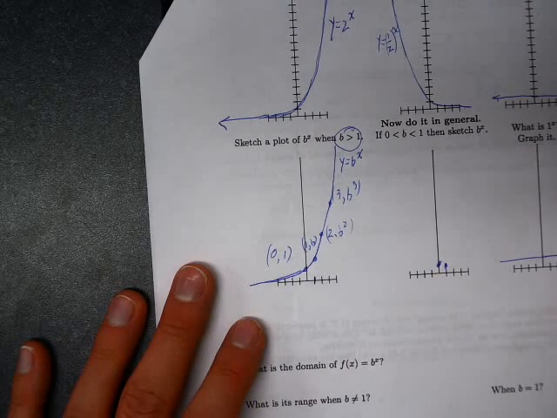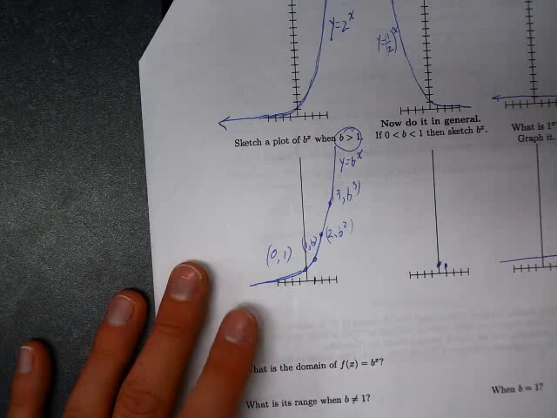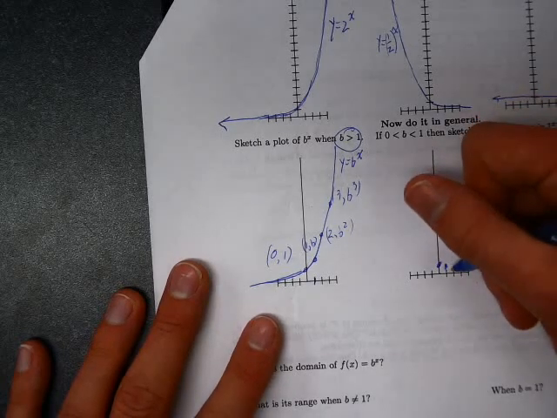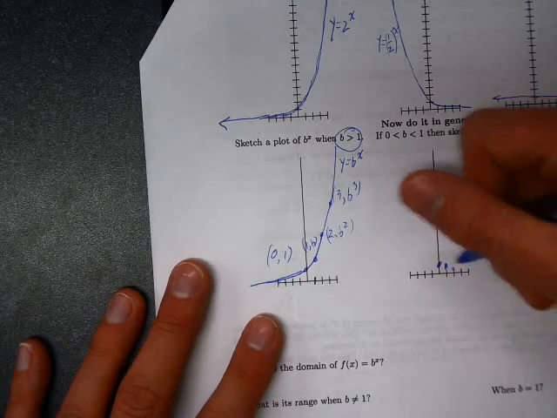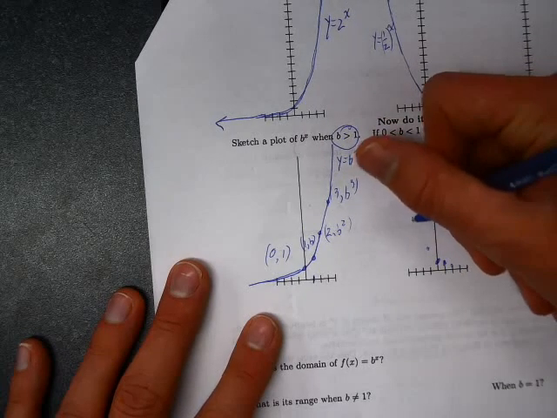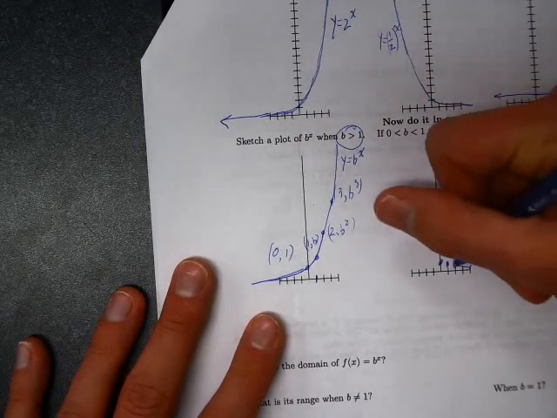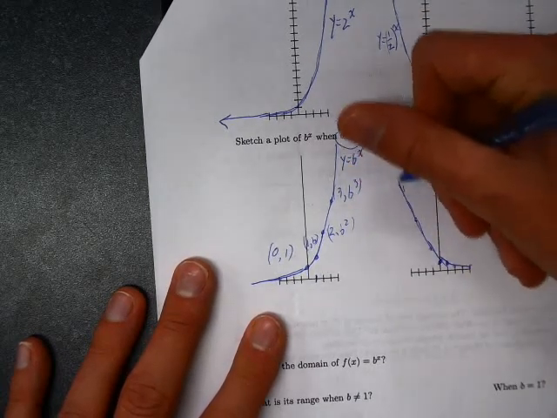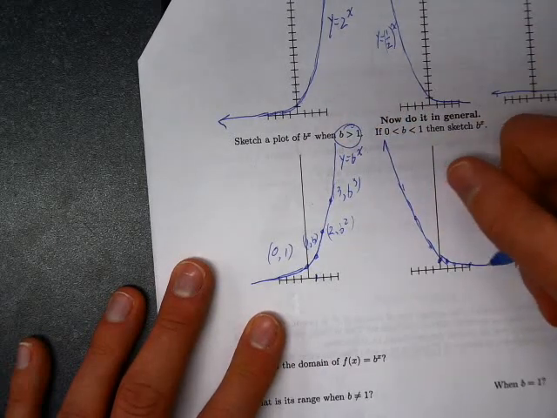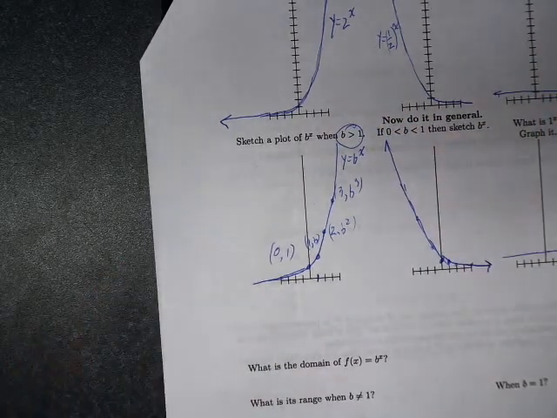Well, it's 9/16, but I don't care about that really. It's slightly less than 3/4. When you take an exponential with a base that's between 0 and 1, it behaves like this.